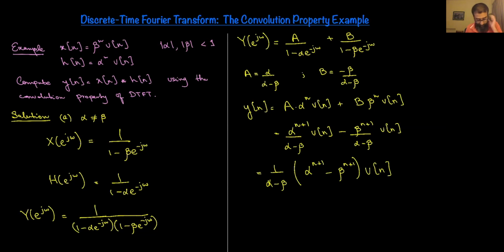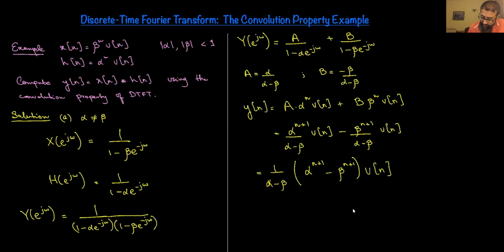Now let's try the other case, because alpha equals beta is a corner case: when alpha equals beta, you have 1 upon 0, and this is 0 as well. So you could apply L'Hopital's rule here, but I would do it in a different fashion.